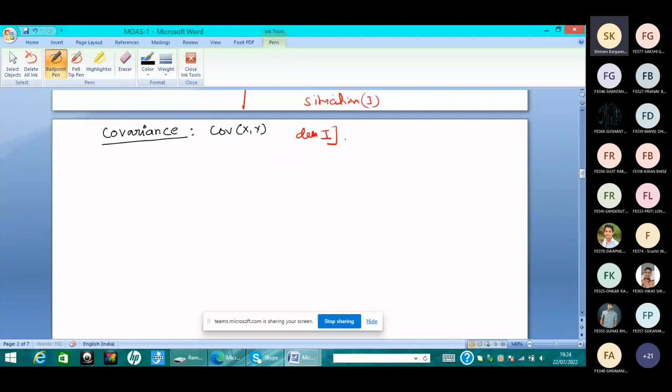I have marks of 5 students out of 50. Somebody getting 35, somebody 39, 42, somebody 28, and suppose 37. So these are the marks of 5 students.